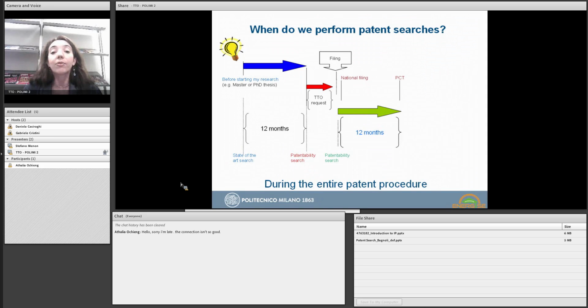Then when I file the national patent application, I have to search again and check if there are other patents, and when I extend my patent application with a PCT application.